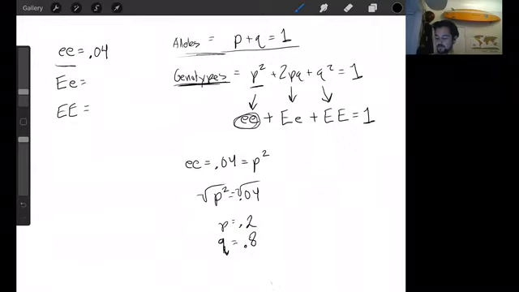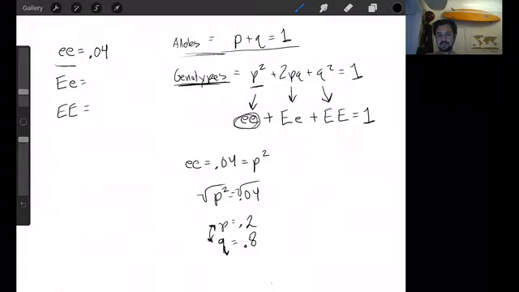So what are your values for p plus q equal? It should equal 1, right? So it checks out. That's just your allele frequency, though, right? So now you have those, which is great. But the tricky thing is when you go back and forth between allele frequency and genotype frequency.